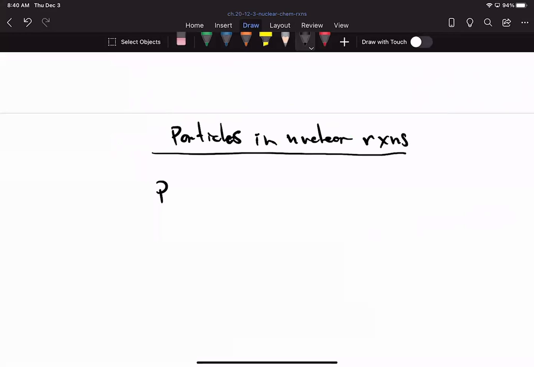All right, so obviously we have protons. And when we represent a proton in a reaction, because we are going to write reactions out, we're going to use this to represent a proton, right?